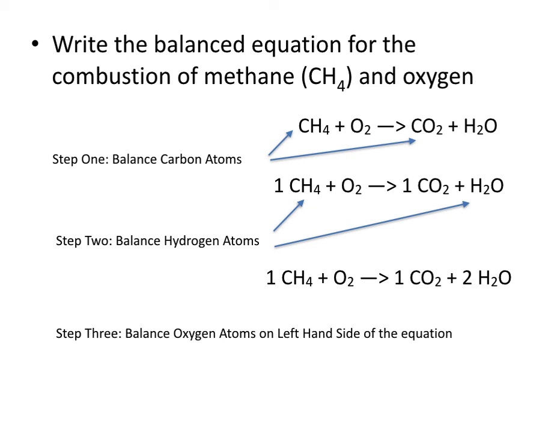In this last step, we try to figure out how much oxygen is required to complete this reaction. So we start on the right-hand side of the equation and add oxygen to the left-hand side of the equation. We count the oxygens on the right-hand side. There are 2 atoms of oxygen in the carbon dioxide, 1 atom associated with water, but there are 2 molecules of water.